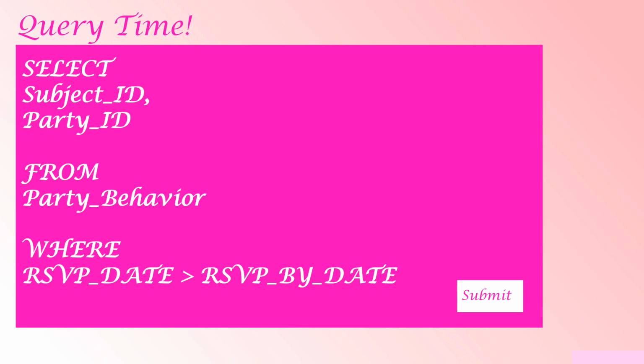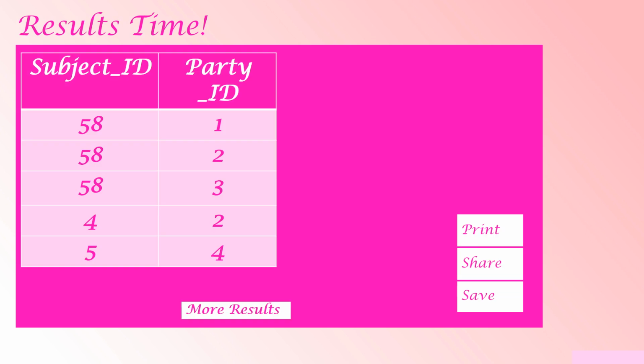Select subject ID, party ID from party behavior where RSVP date is greater than RSVP by date. So these subjects RSVP'd after the requested date. The result set may look something like this.